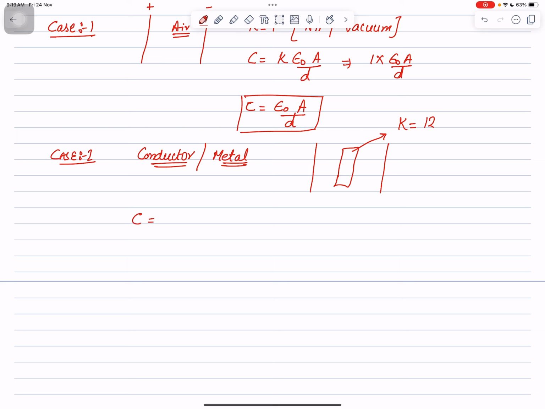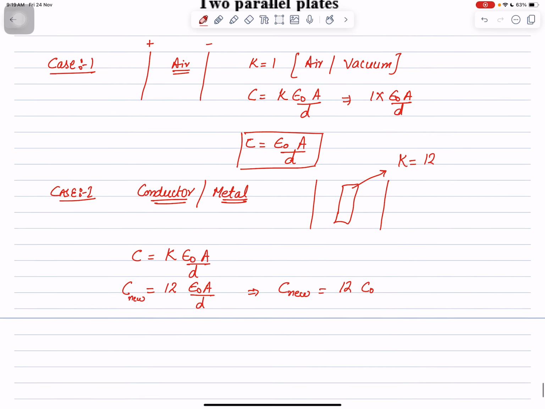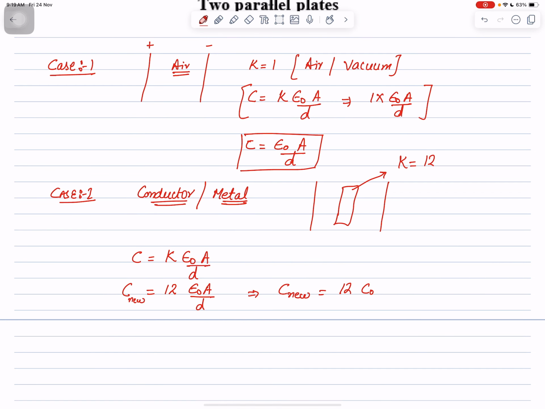C is equal to K times epsilon naught A divided by D. If I place the value 12, then C new is equal to 12 times C naught, because we know that when there is air, K is equal to 1, so the value of C naught is epsilon naught A divided by D.